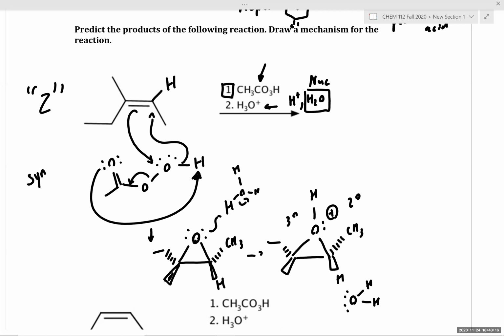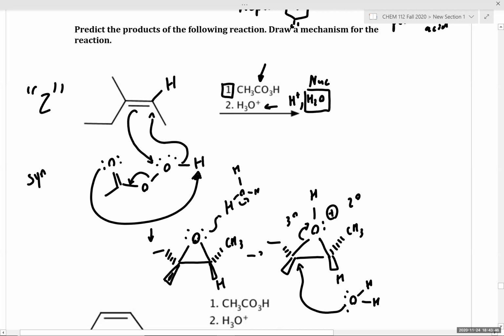Where will water attack? The most substituted carbon, so the tertiary or the secondary carbon? Tertiary, yep.